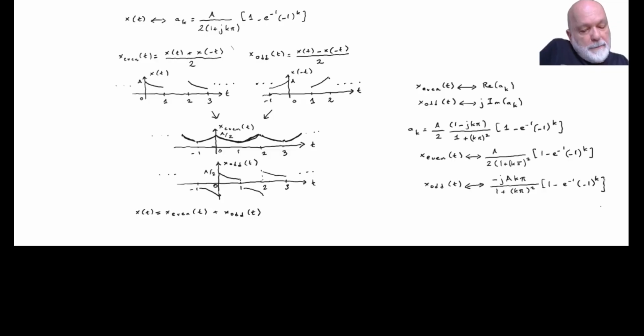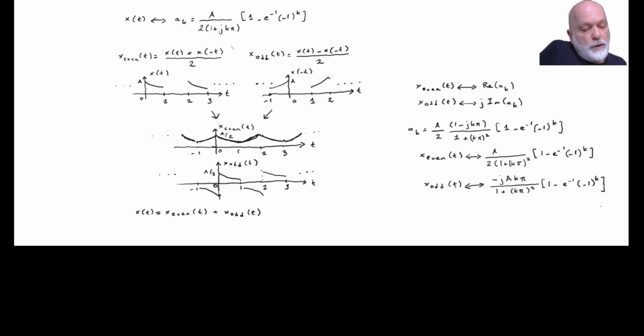Now we observe something interesting. In fact, if we look at the behavior of the Fourier series coefficients for larger values of k, as you see in the Fourier series coefficients of the even part, we have a behavior in the form 1 over k squared for larger values of k.